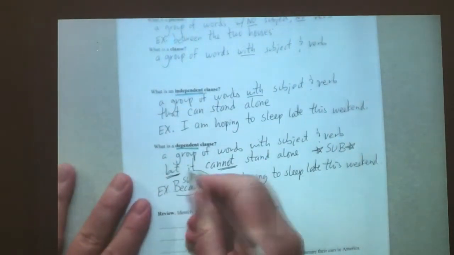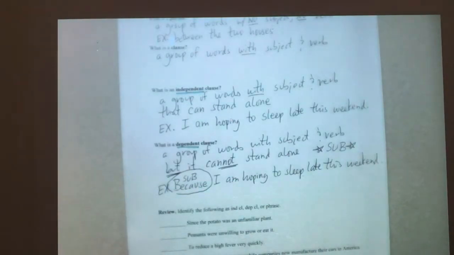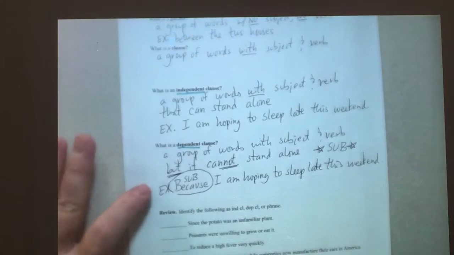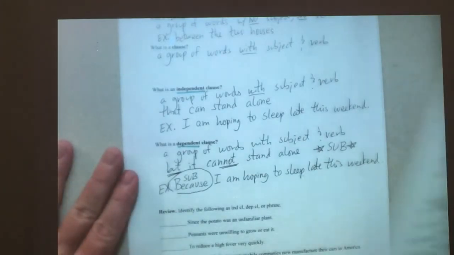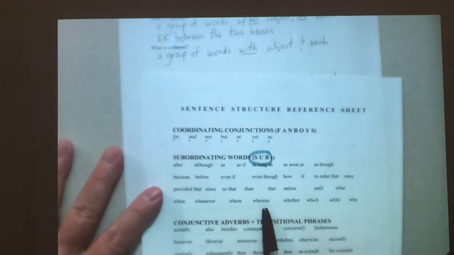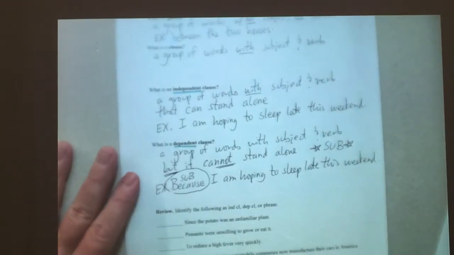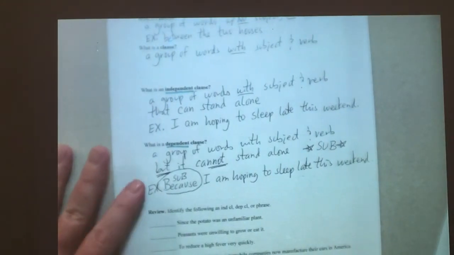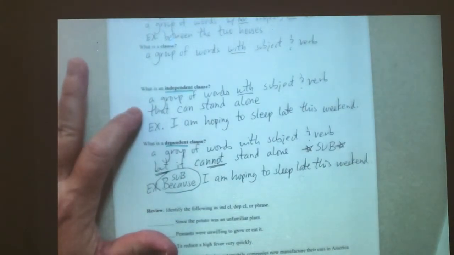Because I am hoping to sleep late this weekend. Do you see how now this does not express a complete thought? This gives us a dependent clause. So anytime I spy a sub, that's going to give me a dependent clause. Now, a dependent clause can't stand by itself. A dependent clause relies upon an independent clause to complete its thought.